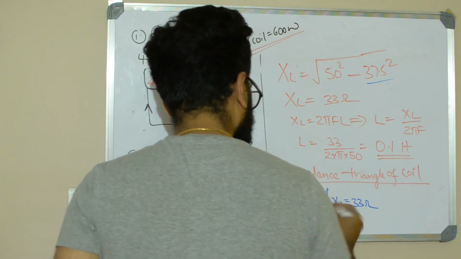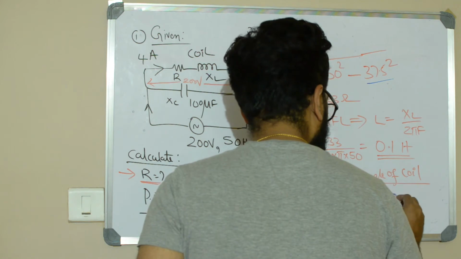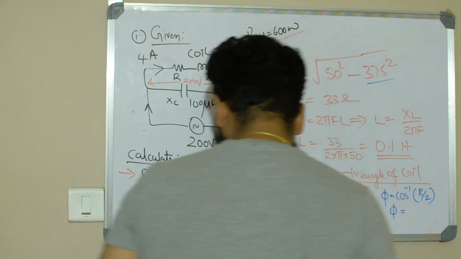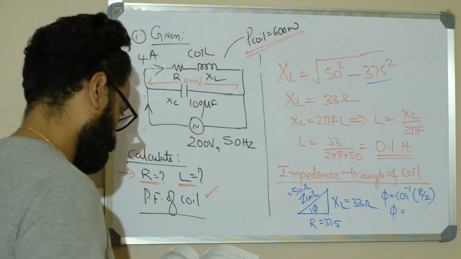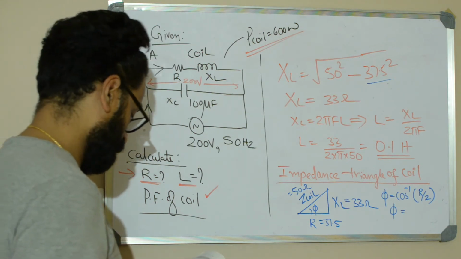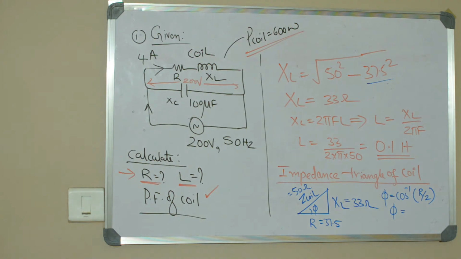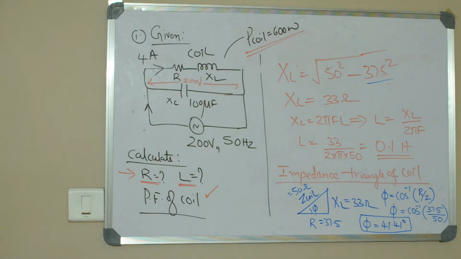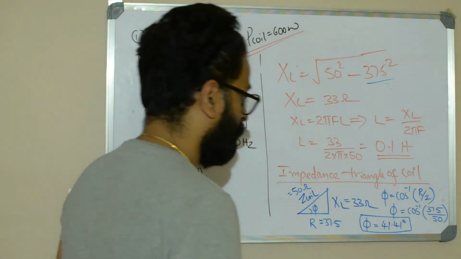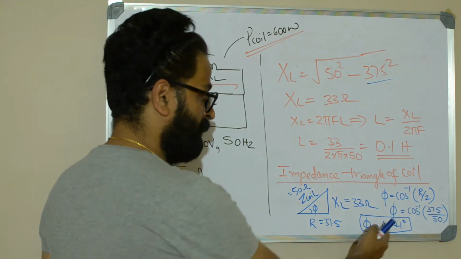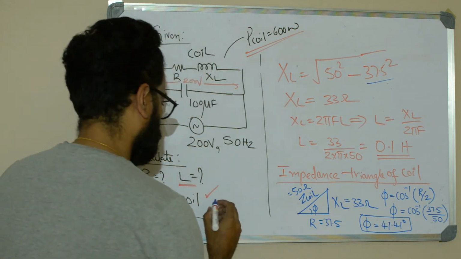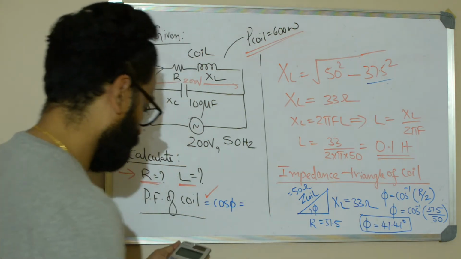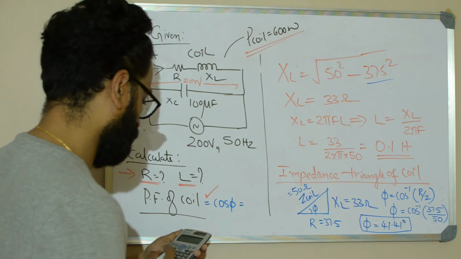So you can easily find the value of phi. Phi is equal to cos inverse of R by Z. When you substitute the values of R and Z, you will get phi as 41.41 degrees. The power factor of the coil can then simply be found as cos phi, which gives cos phi equal to 0.75.